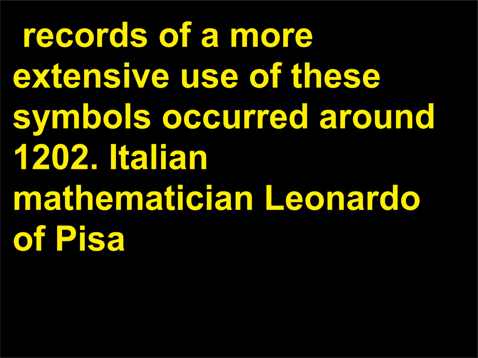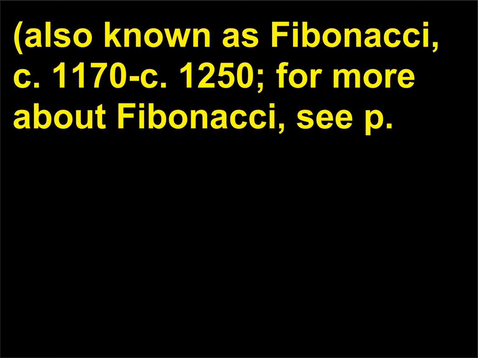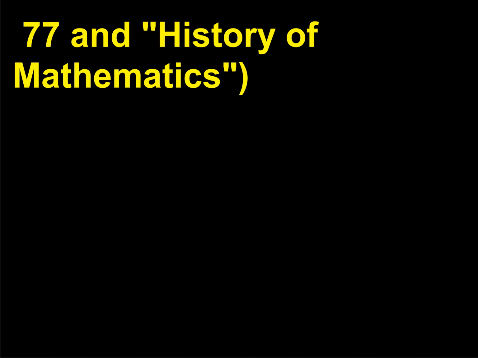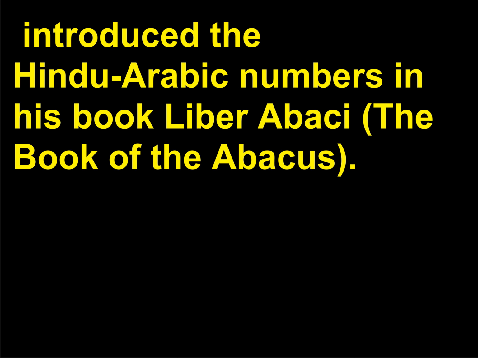Italian mathematician Leonardo of Pisa, also known as Fibonacci, c. 1170 to c. 1250, for more about Fibonacci, see page 77 and History of Mathematics, introduced the Hindu Arabic numbers in his book Liber Abaci, the Book of the Abacus.